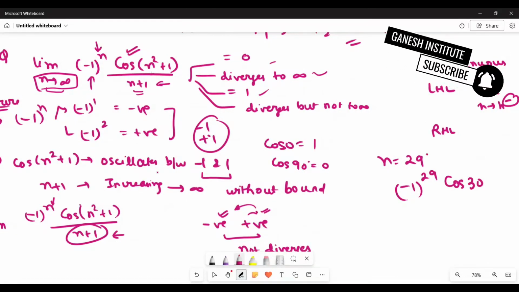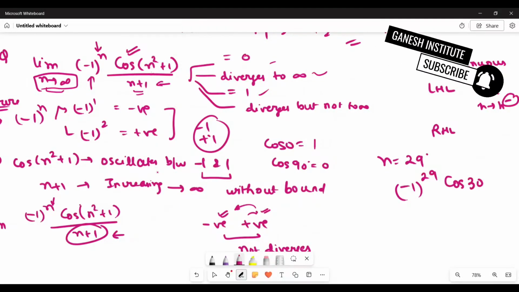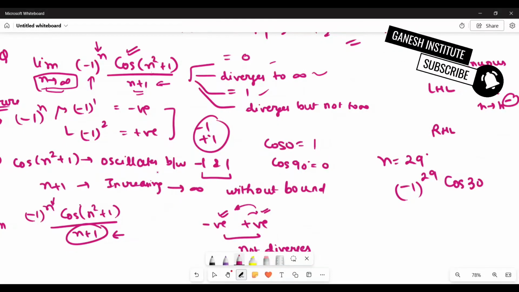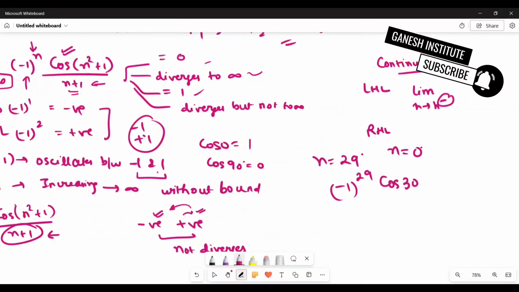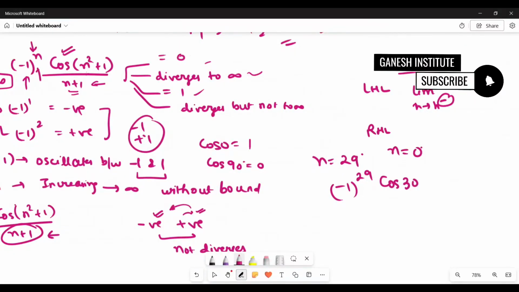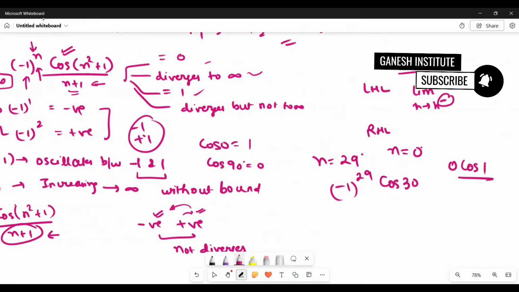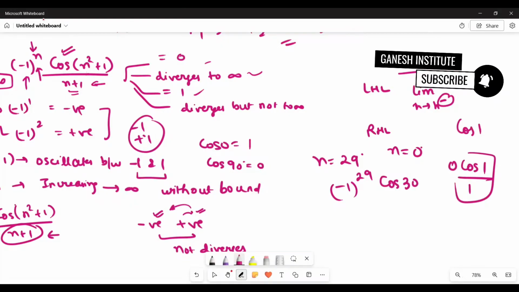Let's say n is an integer value, can I take it? If you consider n as 0, then -1 raised by n becomes 0, and this becomes cos 1, and this becomes 1, right? So it is only cos 1.